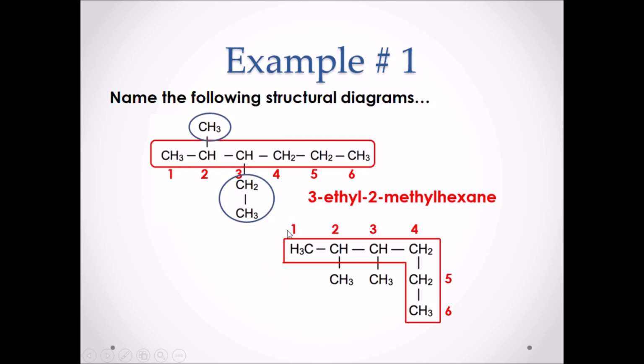Again, numbering it from left to right gives the 2 branches here a 2, 3 value, which would be the lowest possible. We have 2 branches. Both are a single carbon branch. Therefore, our name is 2,3-dimethylhexane.